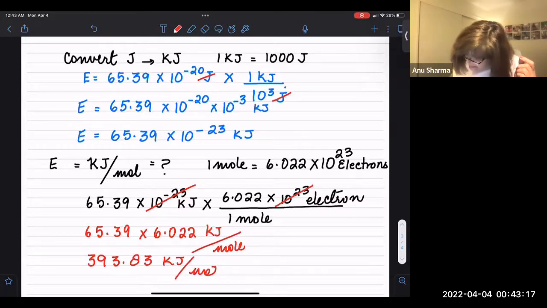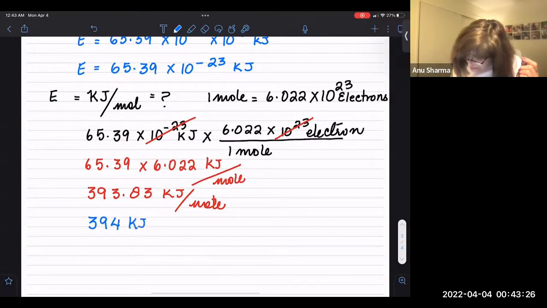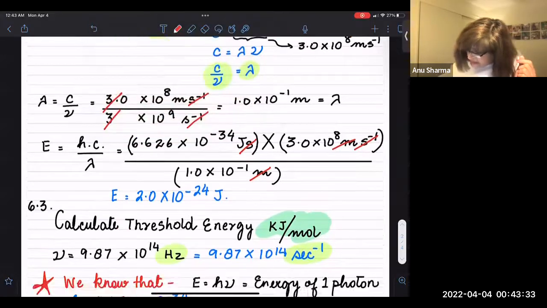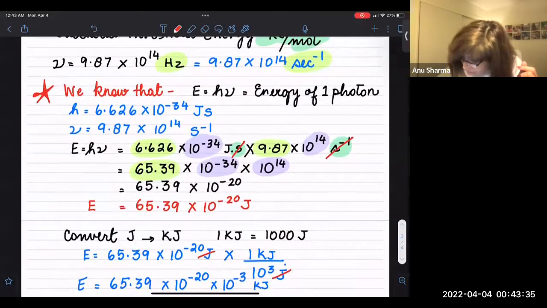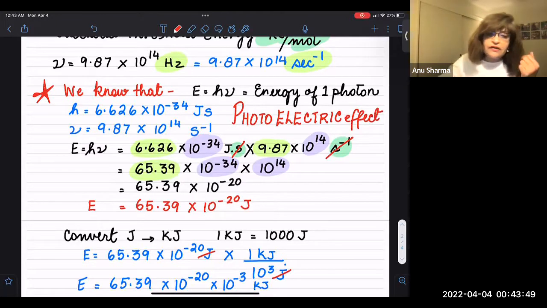Here you can round up, so this becomes 394 kilojoules per mole. So this was a question that related to the photoelectric effect. So here you're calculating the energy of the photon.